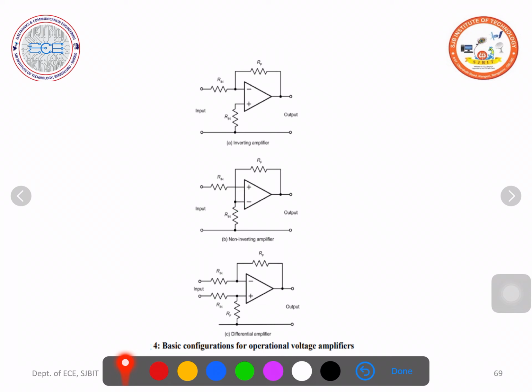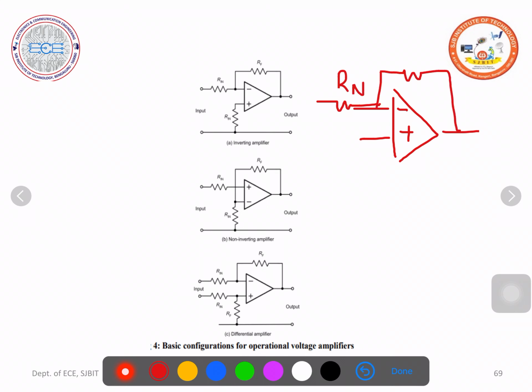If this circuit is confusing for you, you can write the circuit similar to the inverting amplifier. Usually, we write the operational amplifier symbol like this, always inverting terminal at the top, non-inverting terminal at the bottom. Earlier there was a resistor Rn here and a feedback from the output. In the inverting amplifier, we applied the input here.